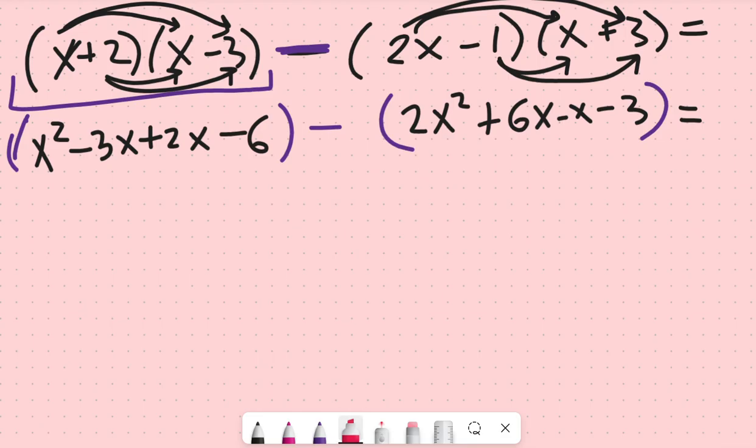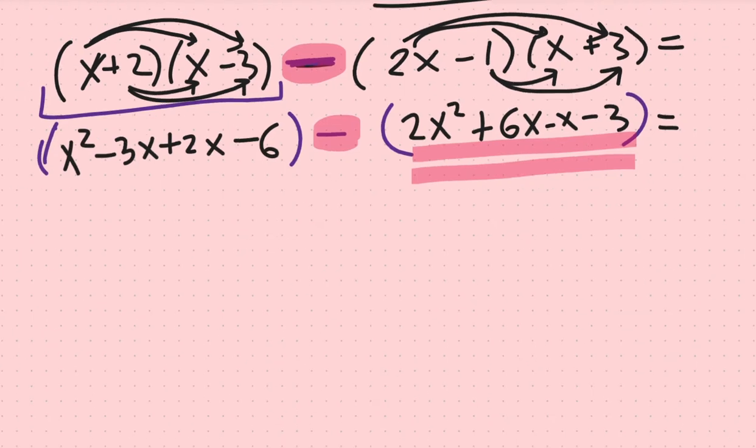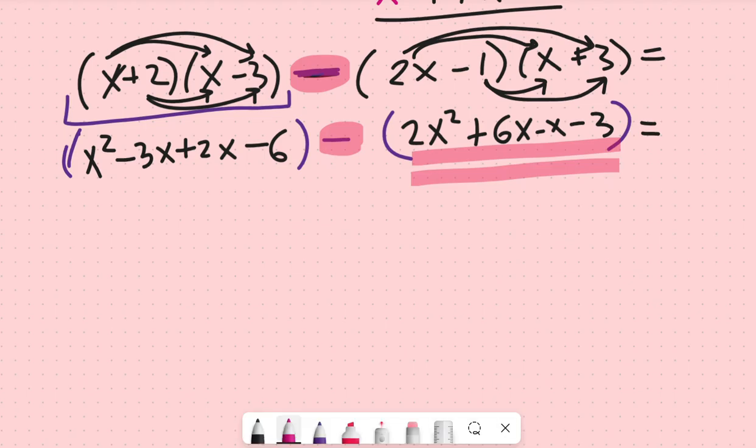Now guys, when there is minus, then that minus will change the sign of everything that's in brackets. So in front of the first set of brackets, there is no sign here, right? So we consider that this is positive, right? But in front of this one, there is a minus.